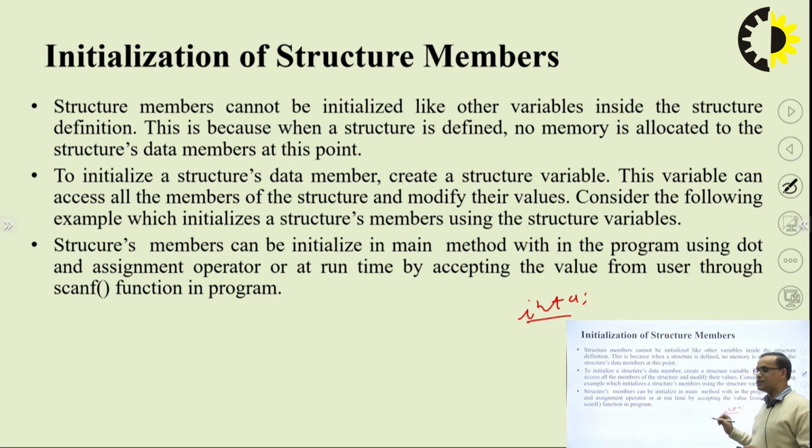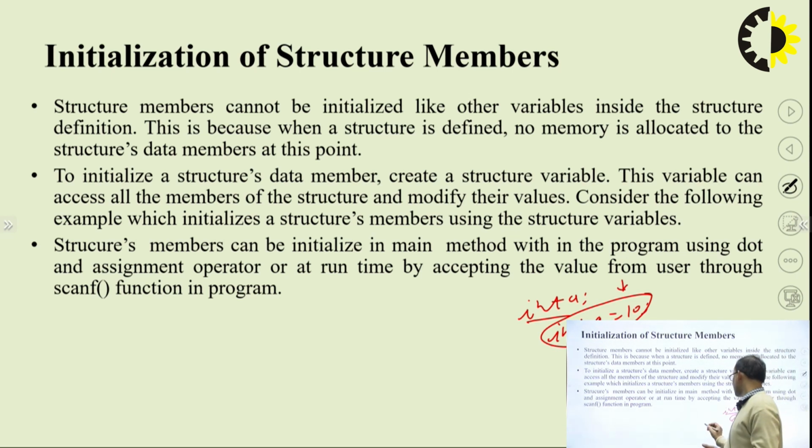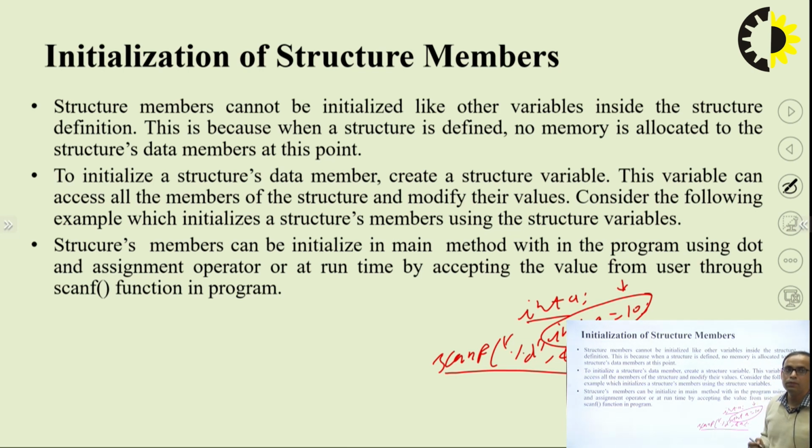First, we simply initialize it within the program itself, like int a equals 10. The second method is that we provide the value at runtime using the scanf function, scanf %d and &a. In the same way, structure members can be initialized within the program itself, or they can be initialized at runtime by providing the value using the scanf function within the program.